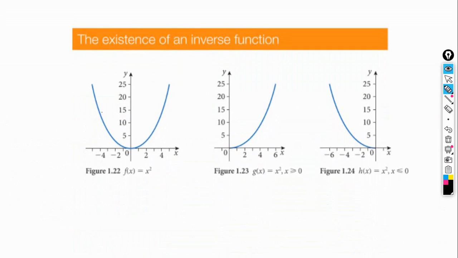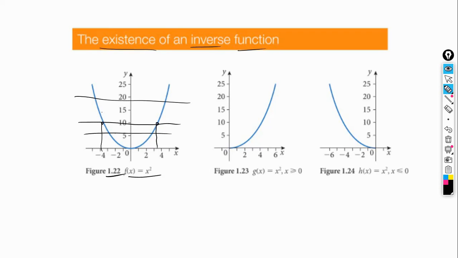So next we're going to talk about the existence of an inverse function. To the left we have figure 1.22 with a function f of x equals x squared, a parabola. So does this have an inverse? Well, no, right? Because if you do the horizontal line test, notice that you're going to have two different x values, for example, two different x values that map into 10 and so forth.